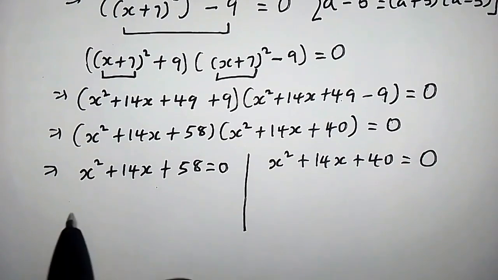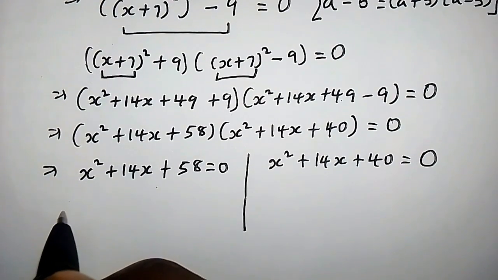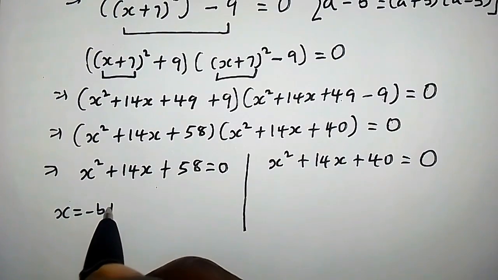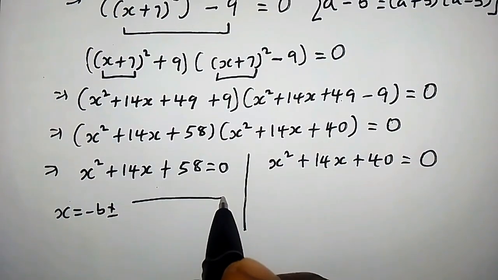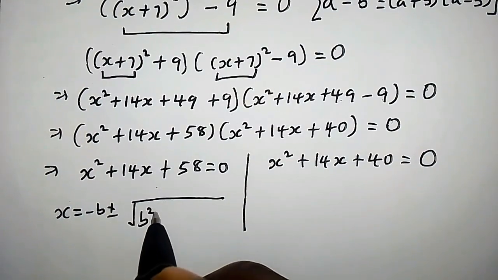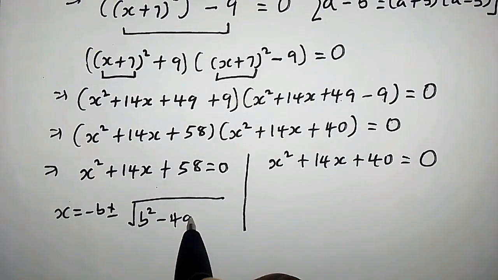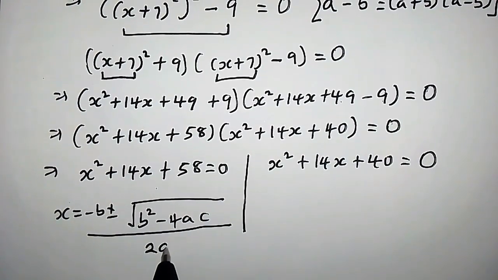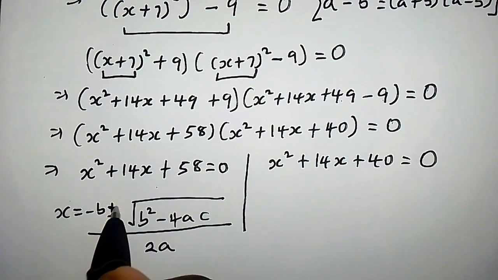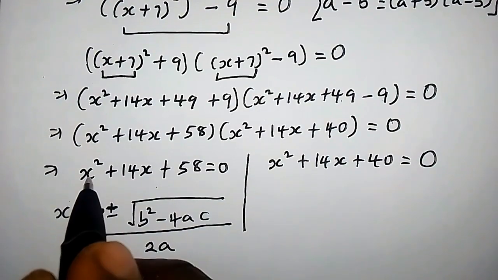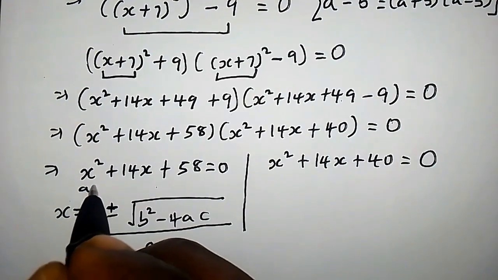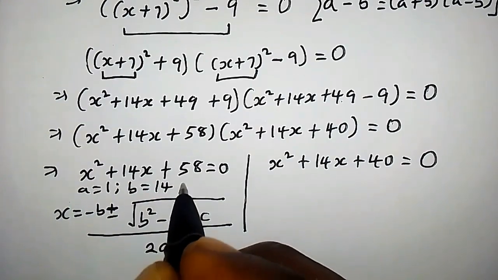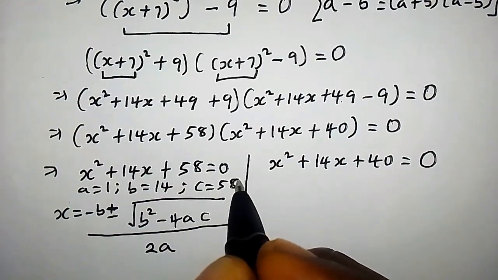Considering the first one, we can solve it using the quadratic formula, which is x equal to minus b plus or minus the square root of b² minus 4ac, everything divided by 2a. From this equation, a is equal to 1, b is 14, c is equal to 58.